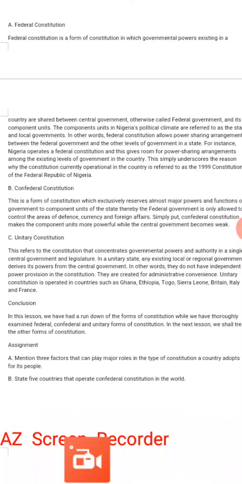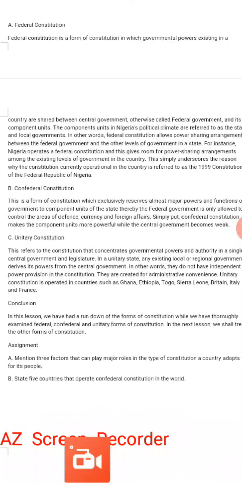B. Confederal Constitution. This is a form of constitution which exclusively reserves almost all major powers and functions of government to component units of the states. Thereby, the federal government is only allowed to control the areas of defense, currency, and foreign affairs.